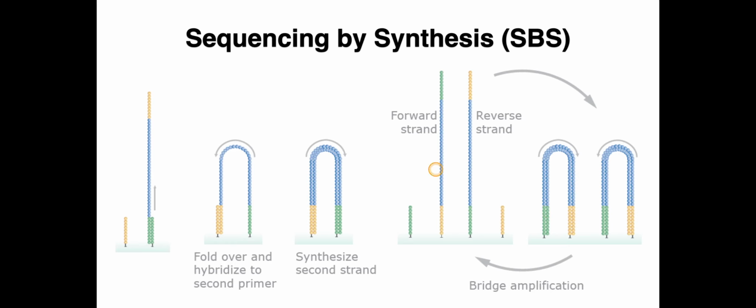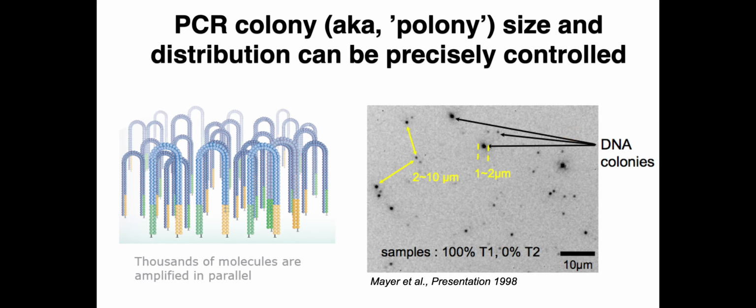Now, there's no data on sequence being collected yet. It's just a PCR amplification to take one molecule and expand it to many so that then imaging becomes a much easier process. Okay, so no fluorescent nucleotides at this point. In actuality, we get thousands of molecules amplified in parallel in these spots. Each PCR colony or polony, as it used to be called, represents about 5,000 copies of a molecule in a 2 micrometer spot.